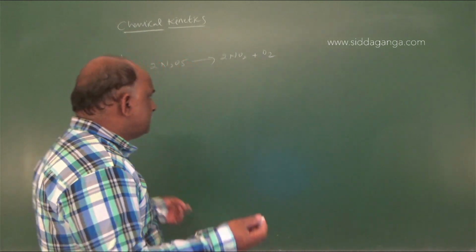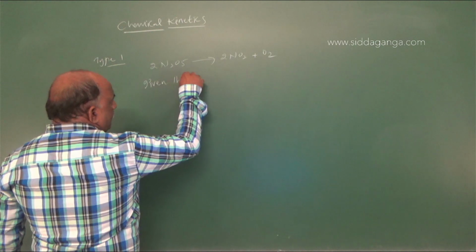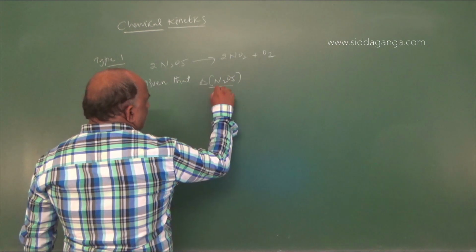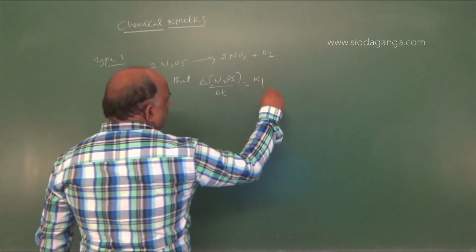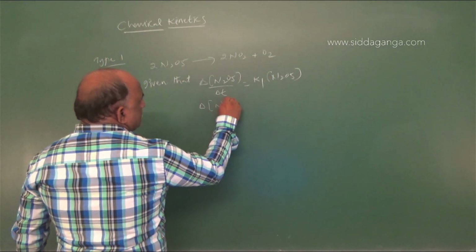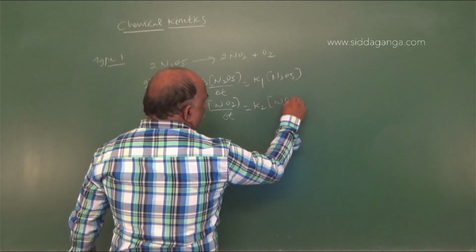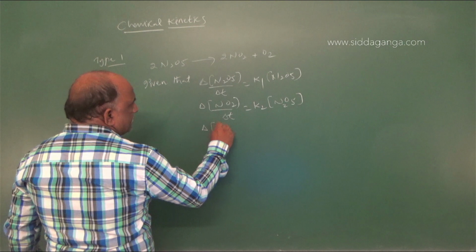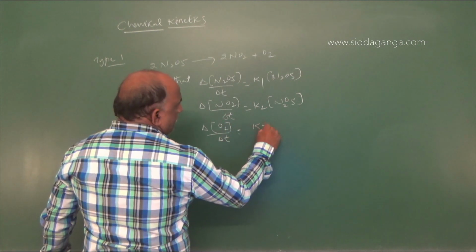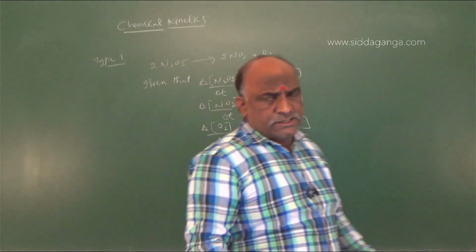In the question itself they will give it like this: given that delta concentration of N2O5 by delta T is equal to K1 N2O5, delta concentration of NO2 by delta T is equal to K2 N2O5, and delta concentration of O2 by delta T is equal to K3 N2O5. This model is also very important.